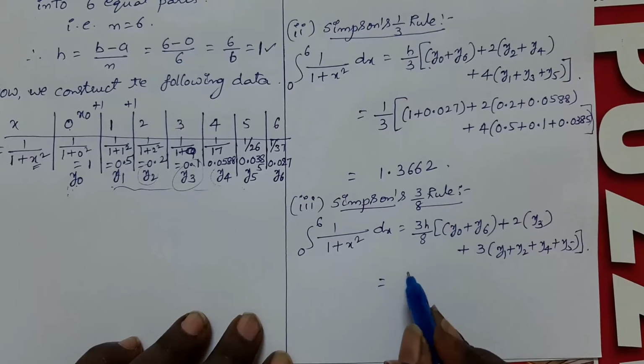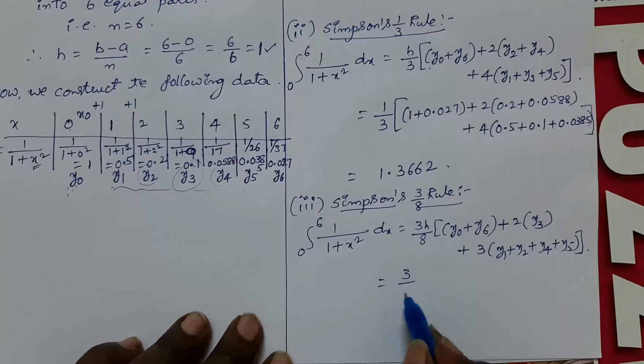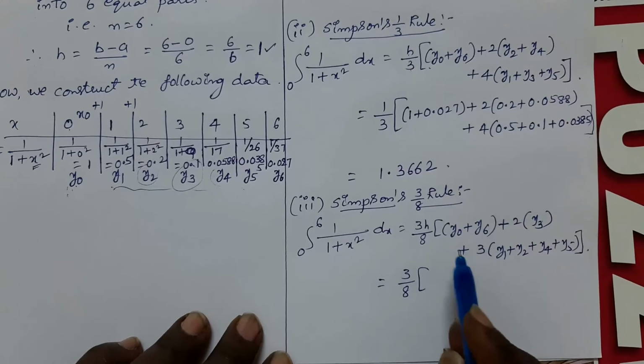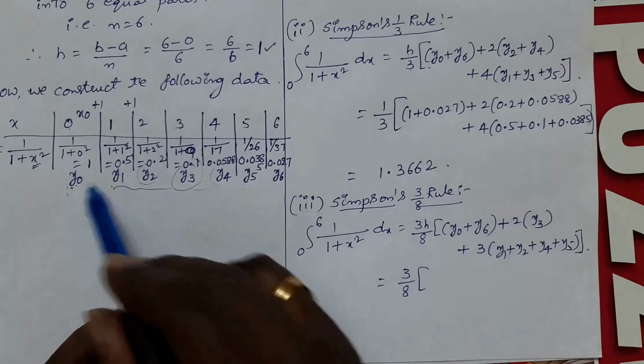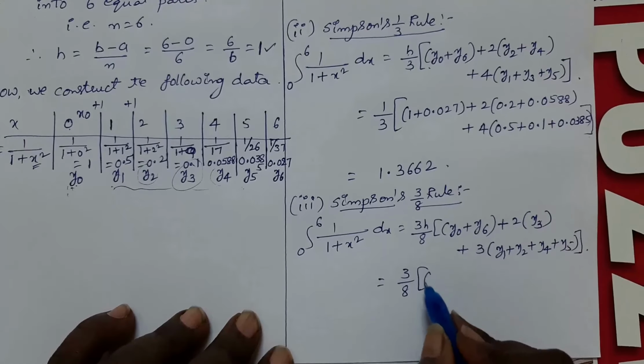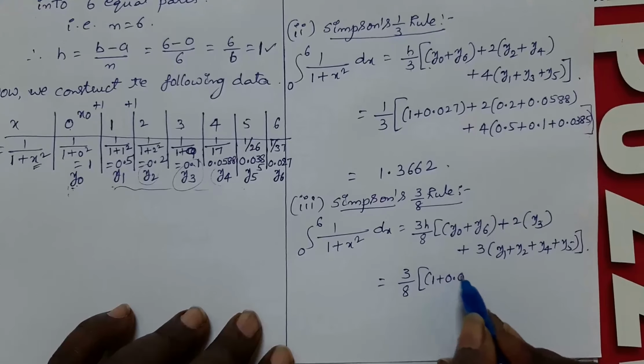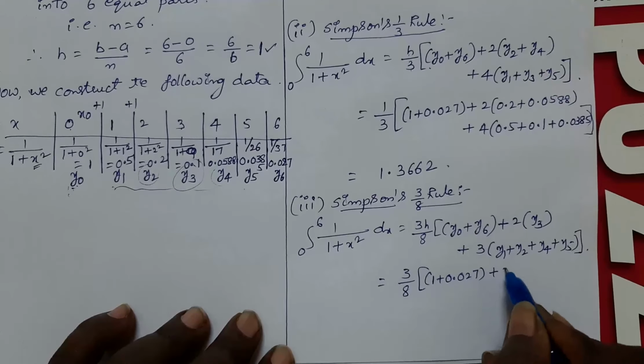H is nothing but 1, so 3 ones are 3, 3 by 8 whole into, what is y0 plus y6? The first and last functioning values. So 1 plus 0.027, plus 2 times of y3.